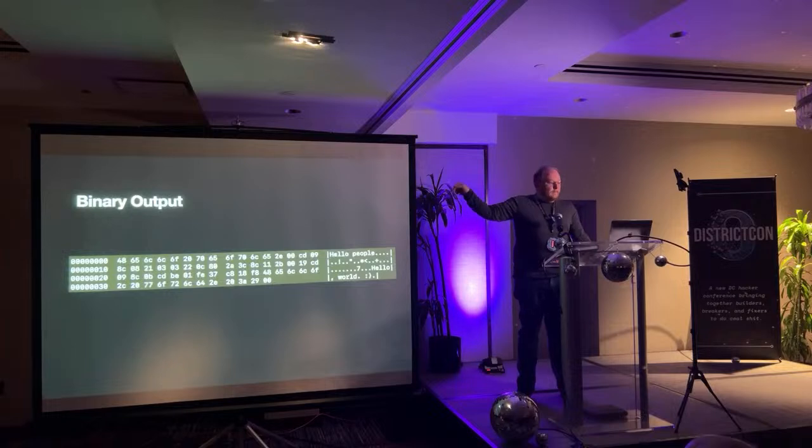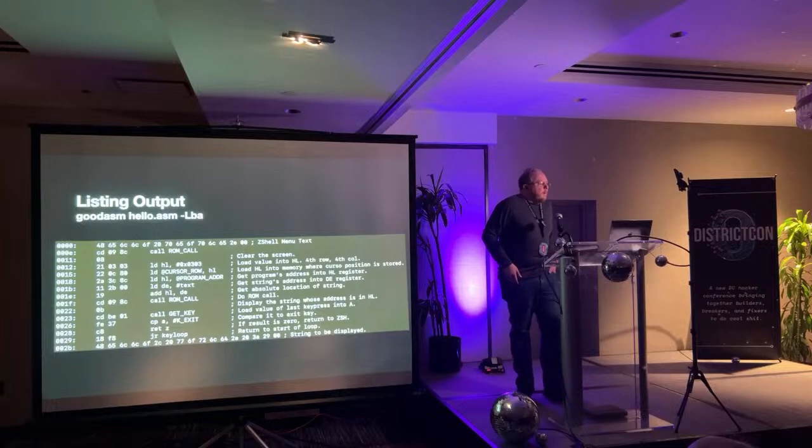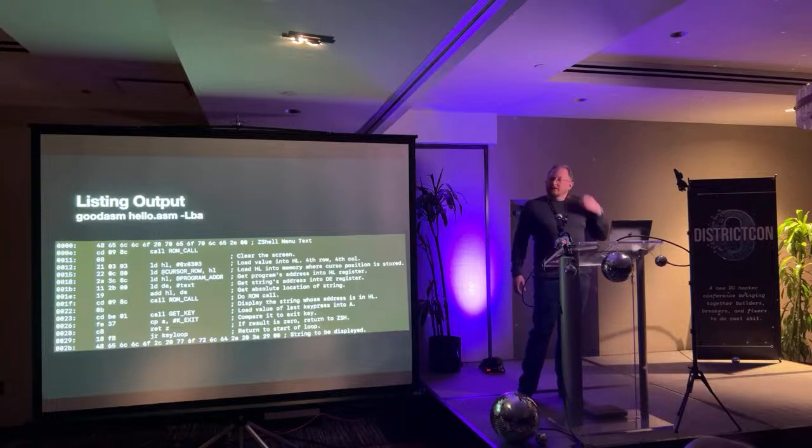Like if I tell you that that first part is the menu text, you can kind of see it as you look at it deeper, but you don't see what any of the instructions are, and you won't, unless you became absolutely fluent in Z80 machine language in a way that none of us need to be. So you also want a listing output like this.